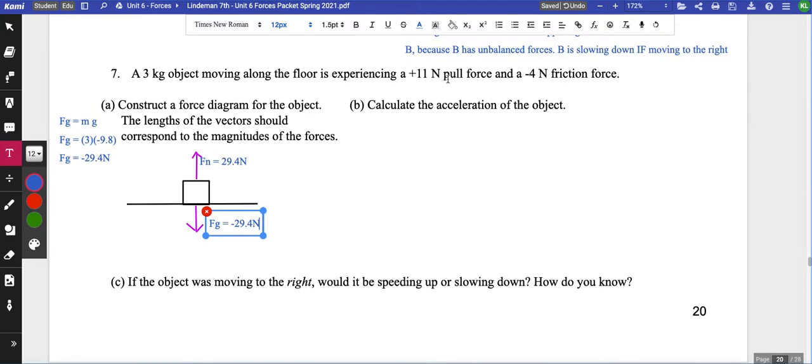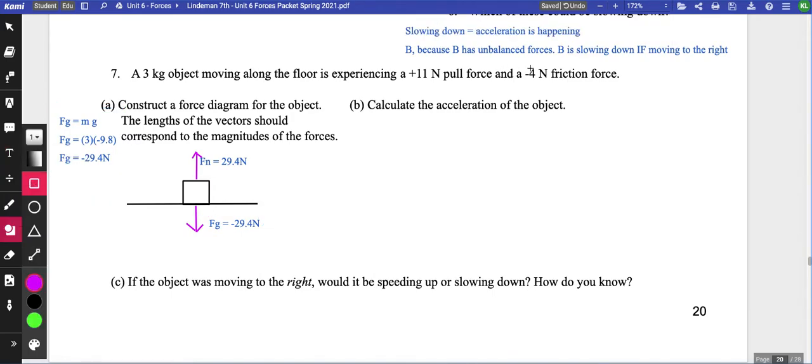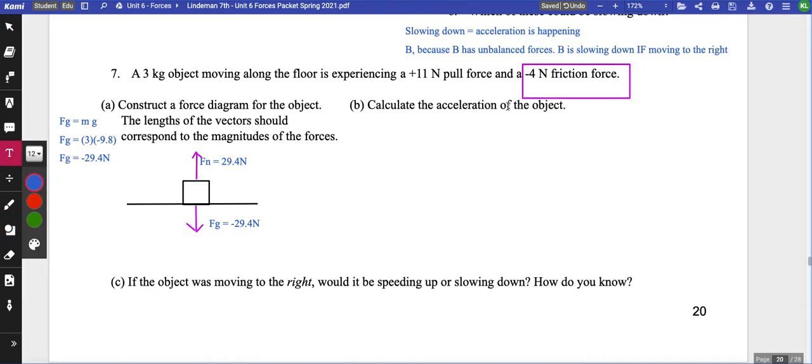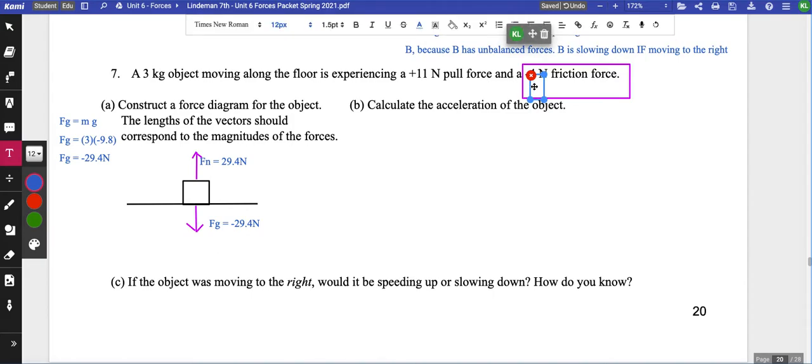Experiencing a positive 11 pull force and a negative 4 newtons friction force. Okay. So this part of the question is asking that you know that if you have a negative force, the only spot left that has negative has to be the leftward force.